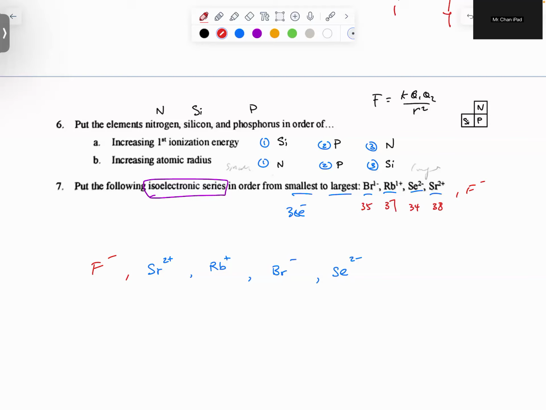So F minus has to be the smallest. No, the bigger it is, the more jackets you put on, the bulkier you will be. Okay? So is it possible? Yes, it's very possible. But if they ever give you something not isoelectronic, it must be obvious that you can tell where to put that ion on this comparison chart.